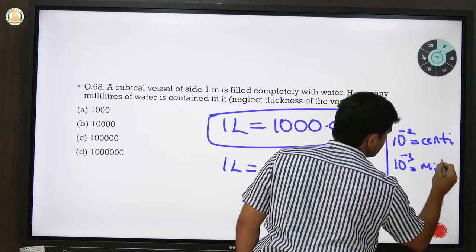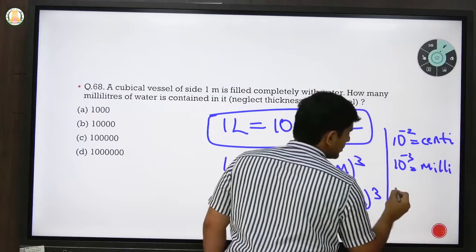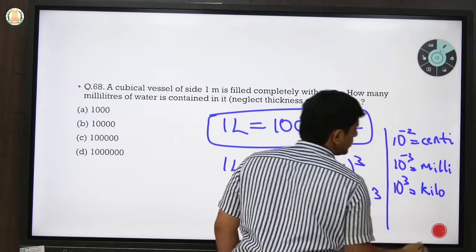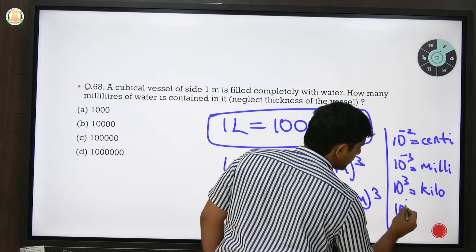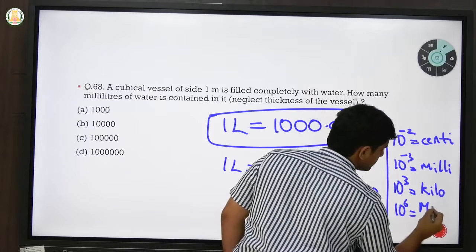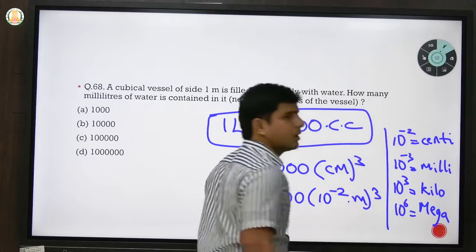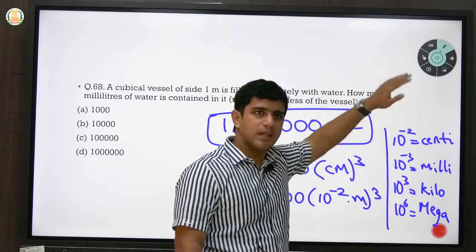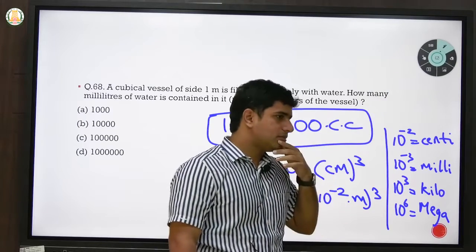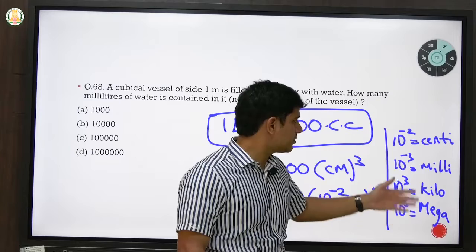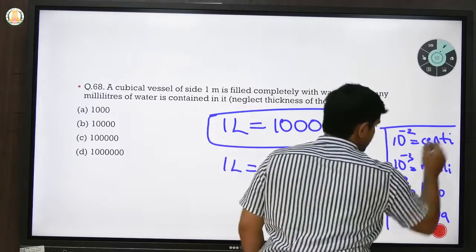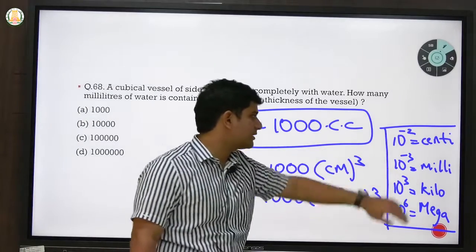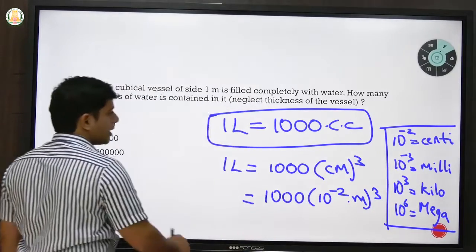Similarly, 10 power 3 is kilo, and 10 power 6 is mega. Like that you have pico, femto, and you have other numbers also, but basically these are the things you will need in the exam. 10 power minus 2 is centi, 10 power minus 3 is milli, kilo and mega.